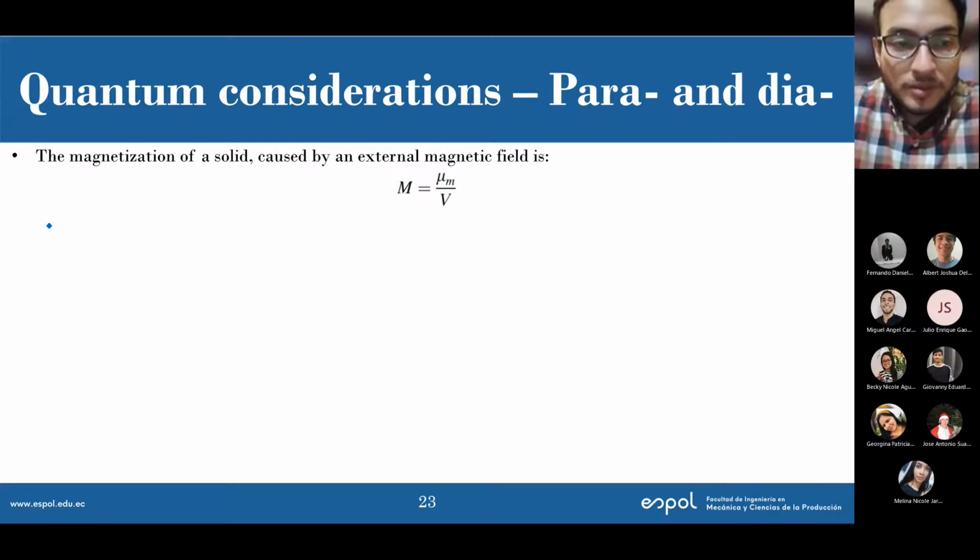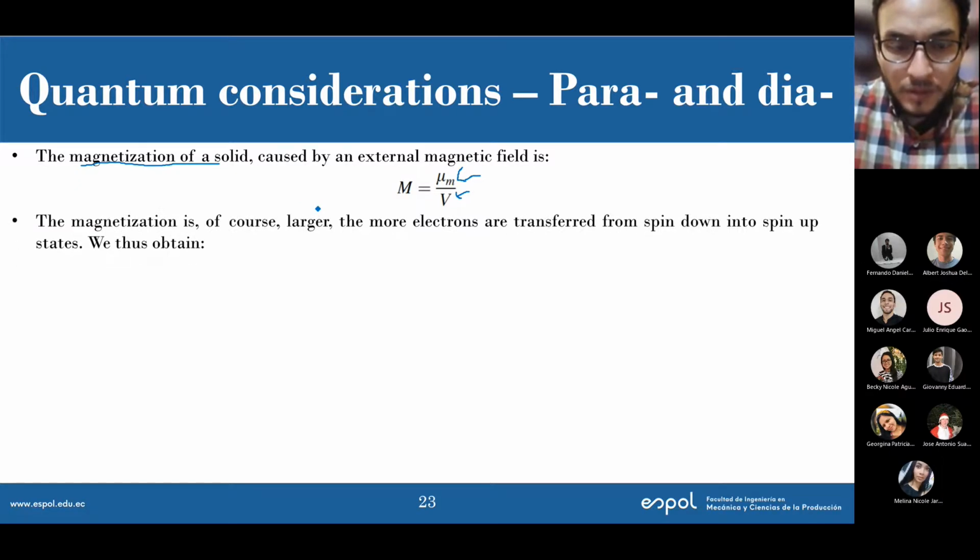So we know that the magnetization in a solid is just given by the magnetic moment and the volume, right? If I have more electrons transfer, that will also affect the magnetization, right?